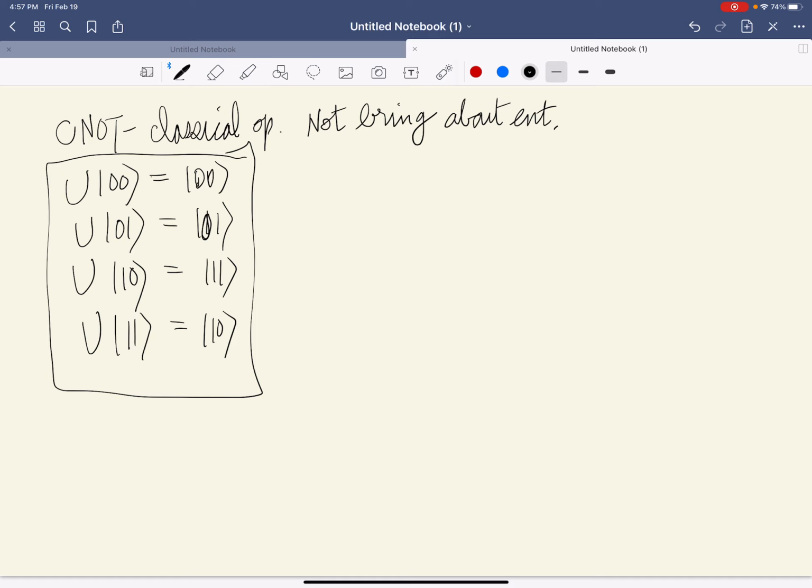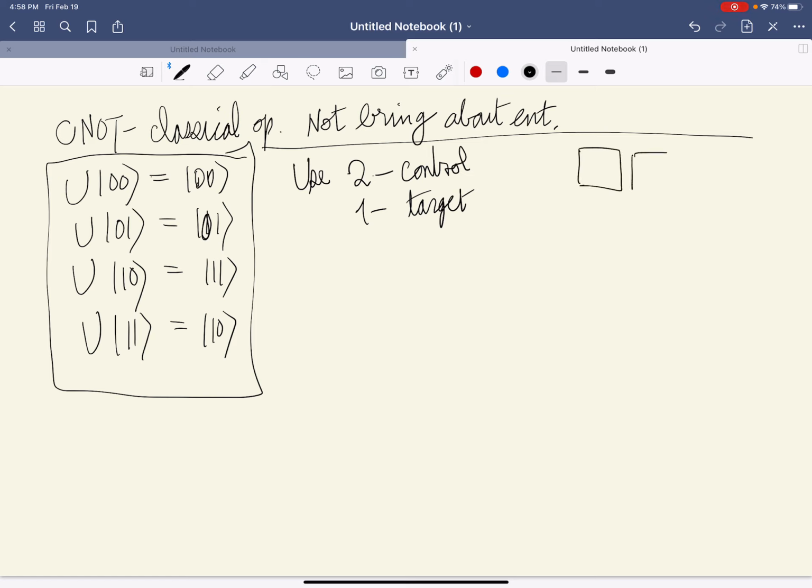Well, of course you can use the second qubit as the control and the first qubit as the target. Okay, there's no fixed meaning of what you call the control qubit and what you call the target, it's really just a matter of choice.